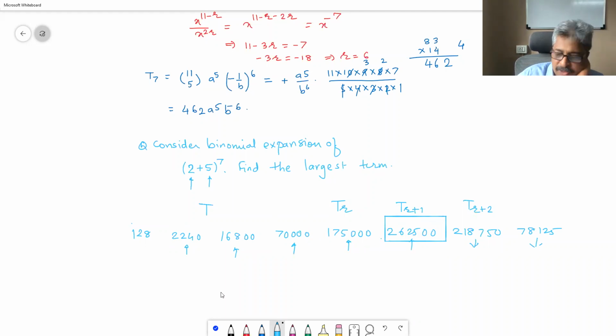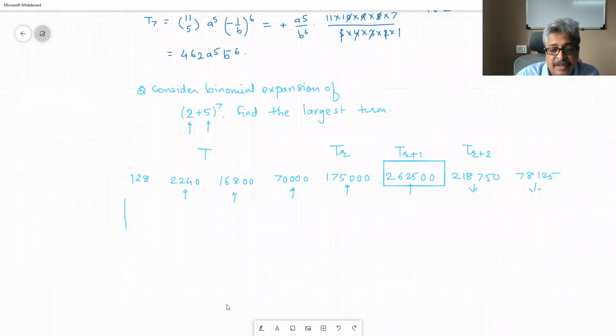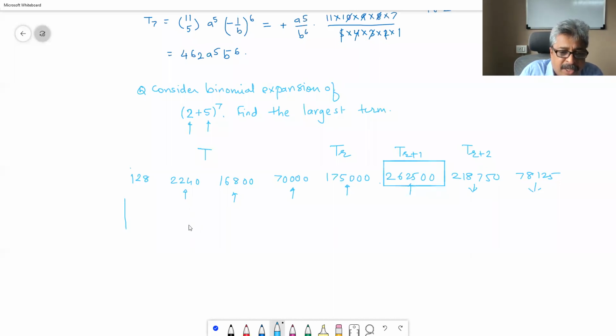So the idea is to compare consecutive terms, and to show which is bigger, we will compare the ratio. If T(r+1) upon T(r) is greater than 1, then the (r+1)th term is greater than the previous term T(r).